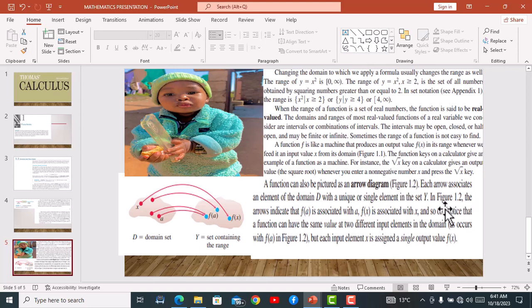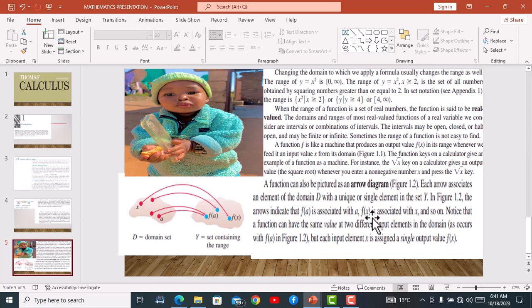Okay guys, that's all I had for you. Just to read once more, a function can also be pictured as an arrow diagram, just as we have here. Each arrow associates an element of the domain with a unique, single element of the set Y. The arrows indicate that f of a is associated with a, so the value of a gives you the value of y at that point. f of x is associated with x, so the value of y corresponds as a result of the value of x.